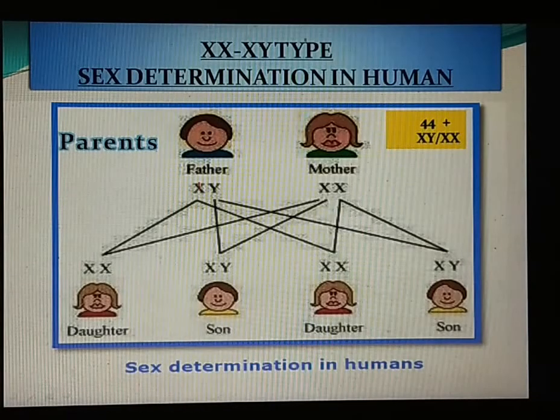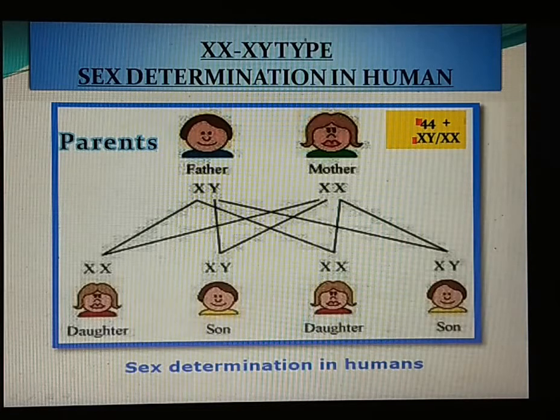So we have 44 autosomal chromosomes with one pair of sex chromosomes. Males will have 44 autosomes with X and Y sex chromosomes, and females will again have 44 autosomes along with one pair of sex chromosomes, XX. Whereas in males we see there are two kinds of sex chromosome, X and Y.